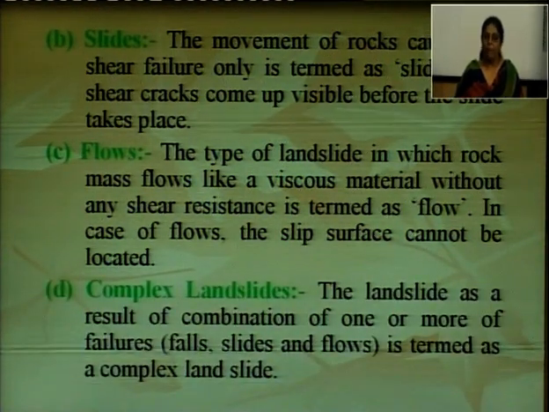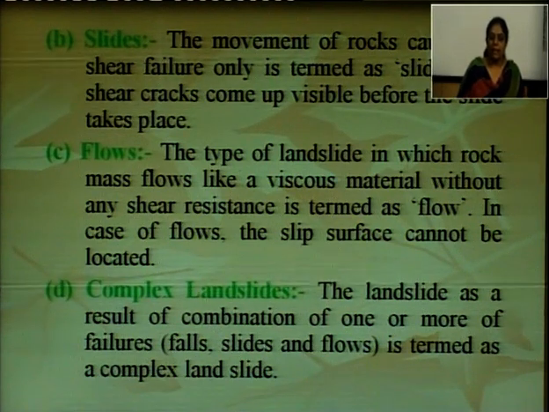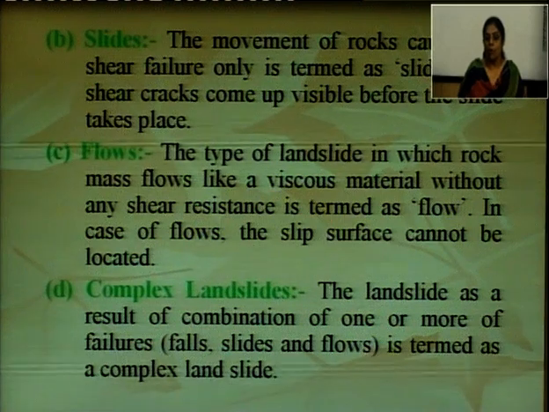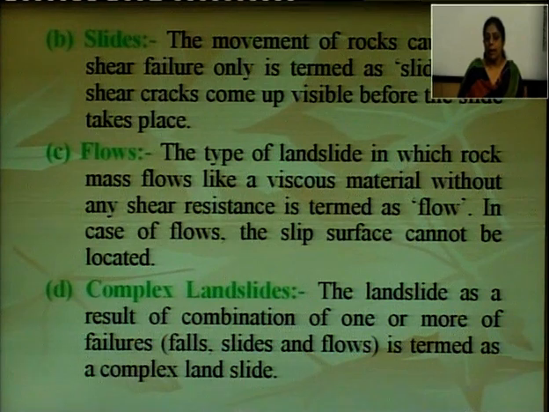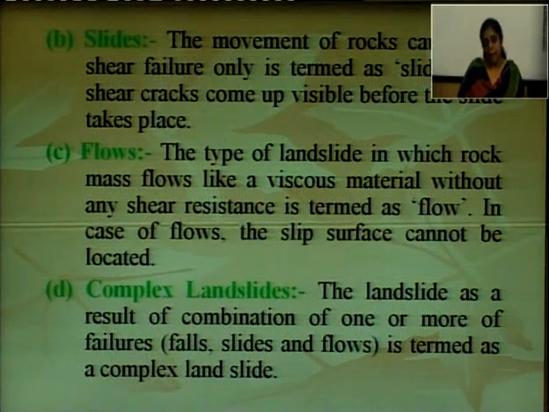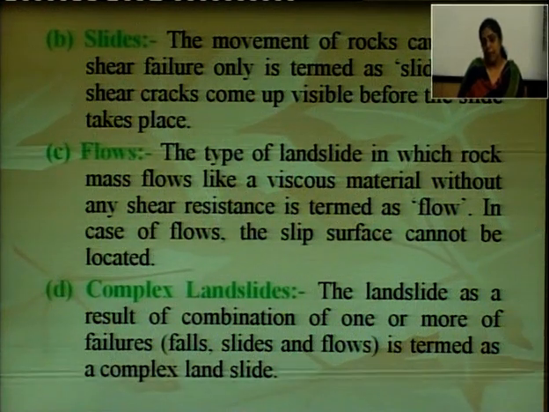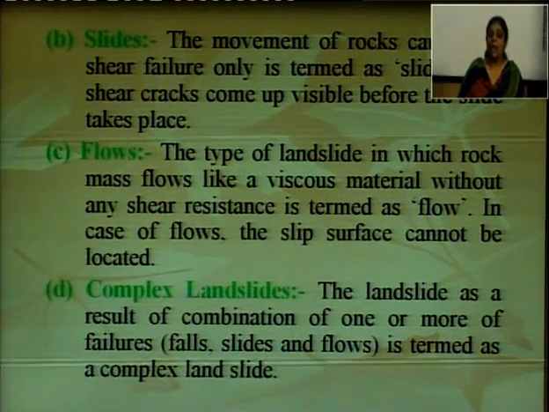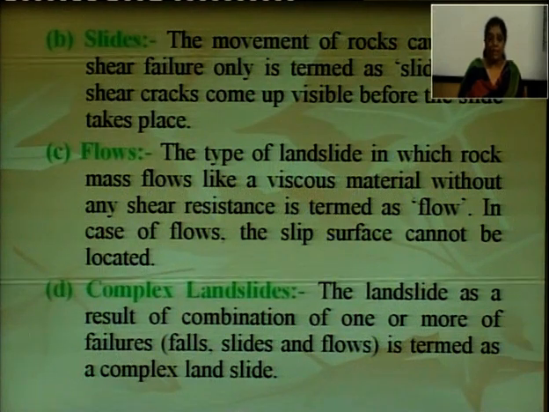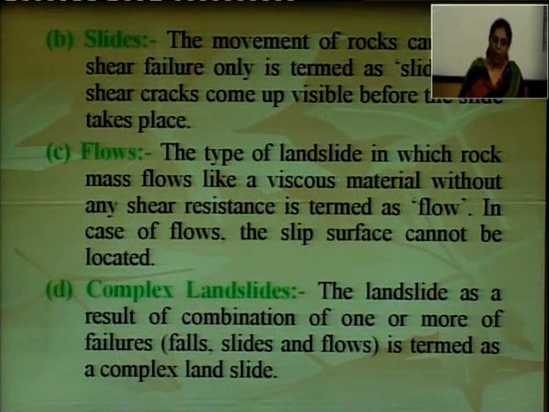Then comes the complex landslide. A landslide that is the result of a combination of one or more failures is termed a complex landslide. Fall may be there along with slide, sometimes slide along with flows, or the landslide starts with falls, then slide comes and then flow comes.